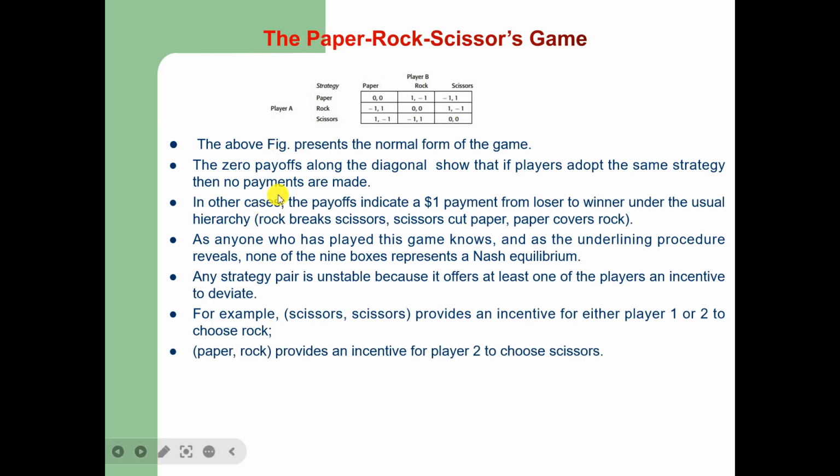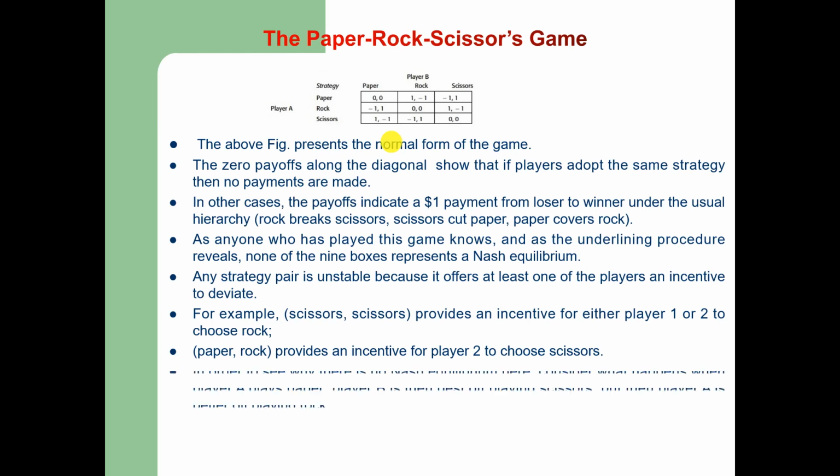In this case, when the first player shows paper and the second player shows rock, then there is an incentive for player 2 to choose scissors. So none of the boxes in this particular payoff matrix is stable, and there is at least an incentive for one of the players to deviate.